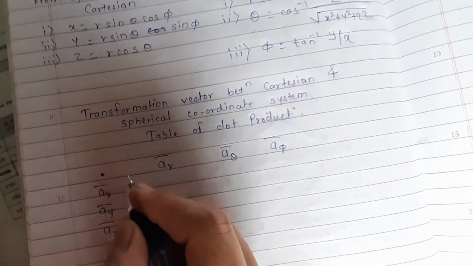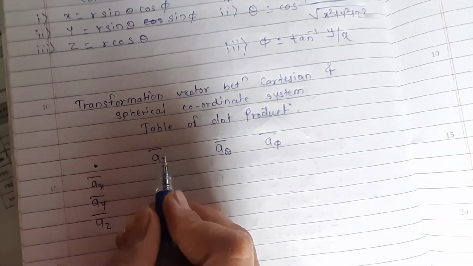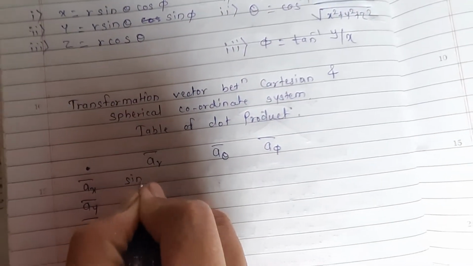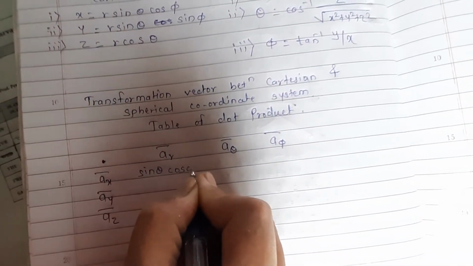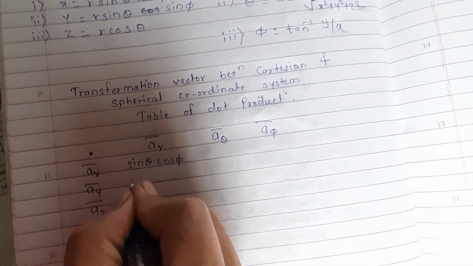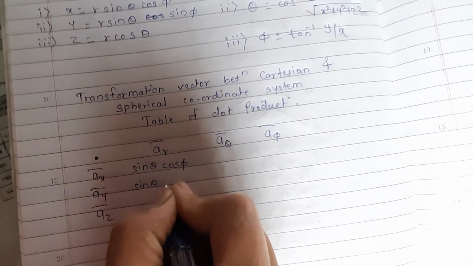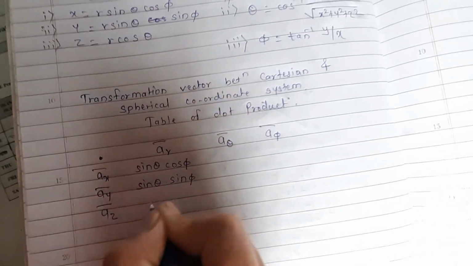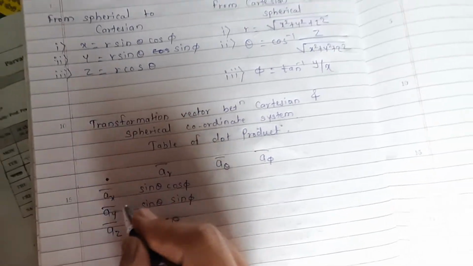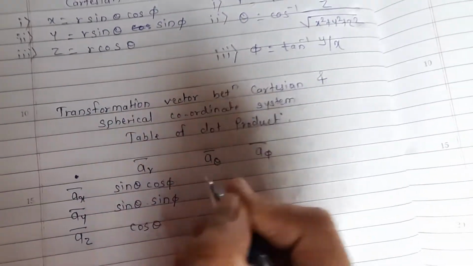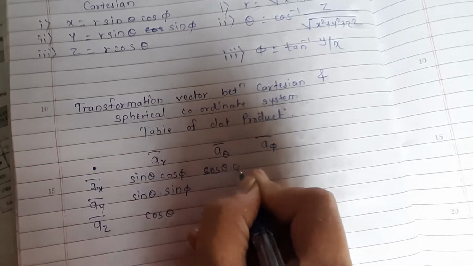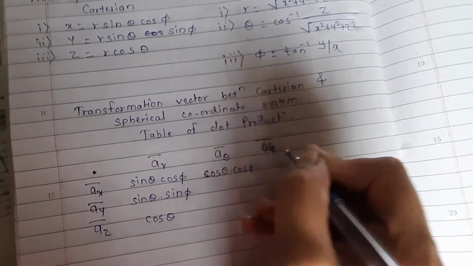So this is the dot product of Ax bar and Ar bar. The dot product is sin theta cos phi. This is Ay bar dot Ar bar is sin theta sin phi, and this is cos theta. The dot product of Ax bar and A theta bar is cos theta cos phi.